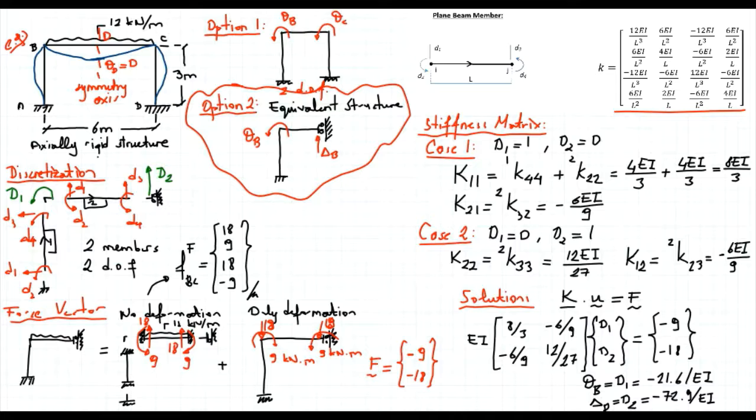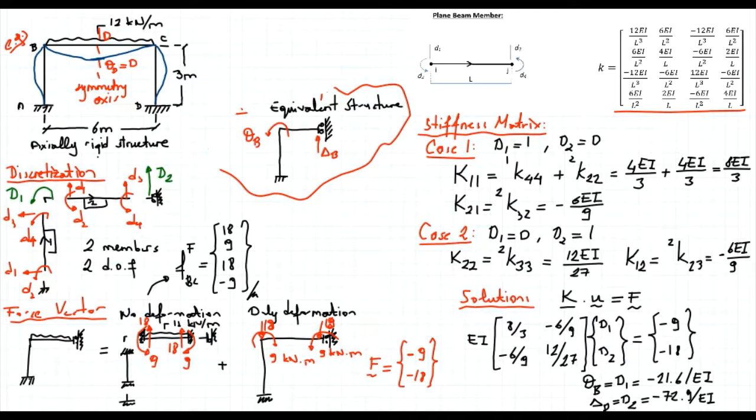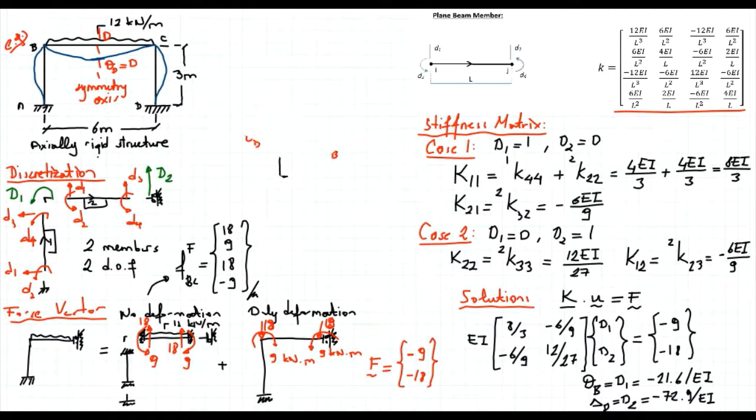So these are the values of the unknown degrees of freedom. Now let's recover the member forces. So let me erase this portion. I will just do it for the second member, but for all other members, the procedure is exactly the same.